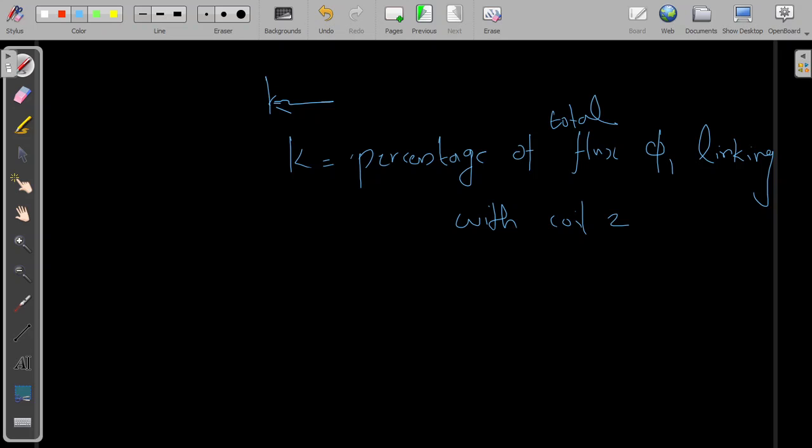So this K is known as the coefficient of coupling. K is defined as the ratio of the mutual inductance M to the square root of the arithmetic mean of the product of inductances of coil 1 and coil 2, that is L1 and L2, that means M by root L1 L2.